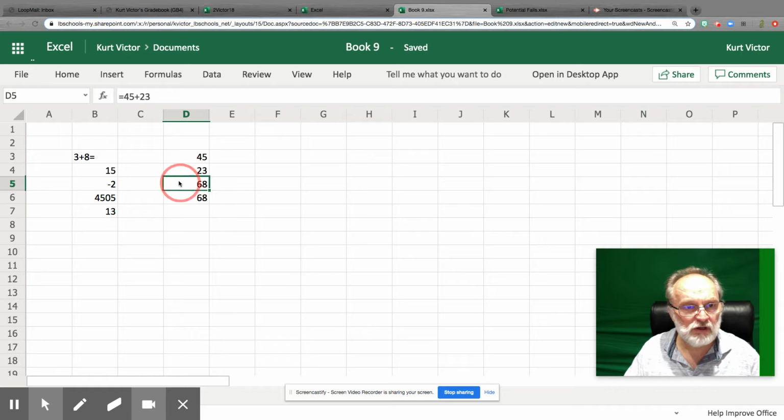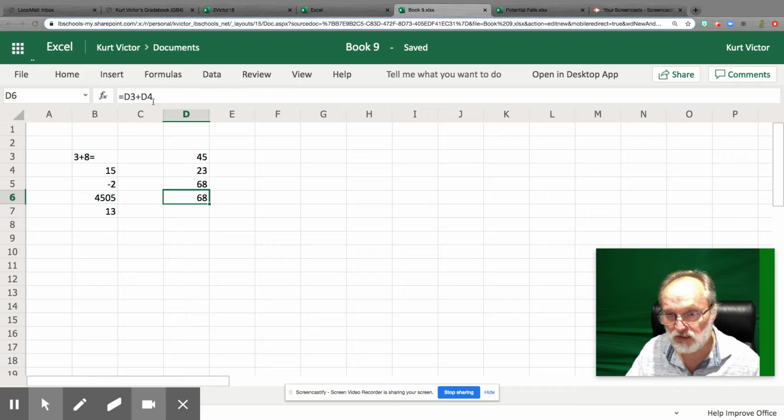Now, they both work, but this one that adds 45 and 23 is a static formula, meaning it won't change, whereas this one that adds D3 and D4 is a dynamic formula. It can change depending on what happens with these cells.